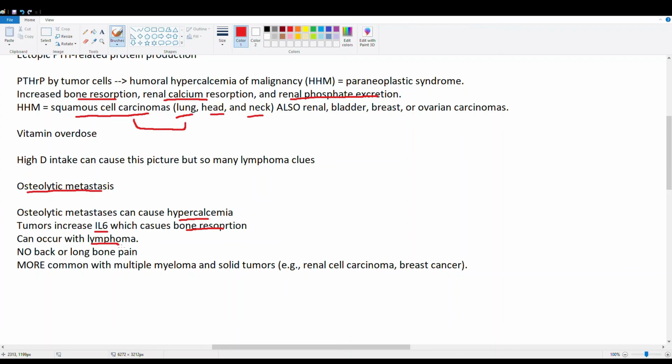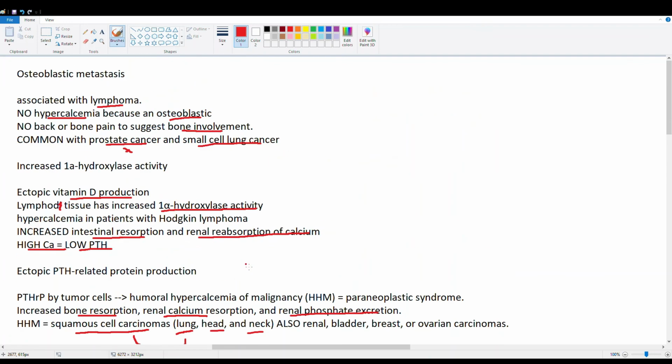But if we're having breakdown or remodeling of bone, we're most likely to get some bone pain, which is not seen in this patient. The most common cancer here is multiple myeloma, right? So osteolytic, multiple myeloma. If we go back to our answer, osteoblastic, that is prostate cancer.